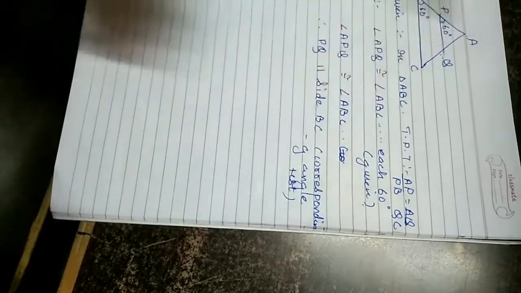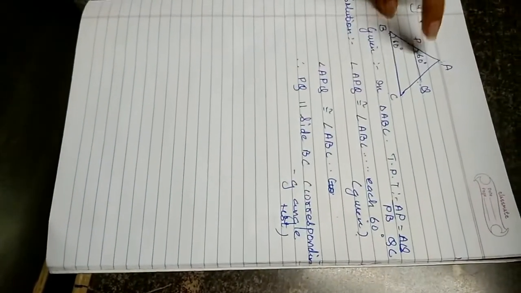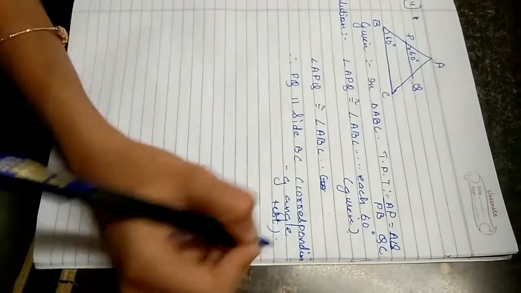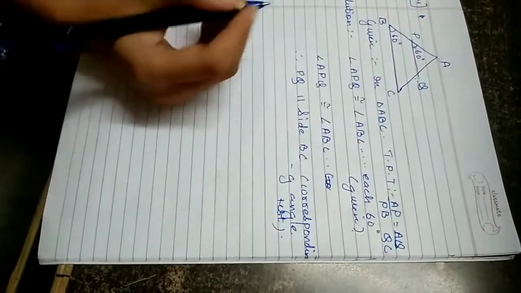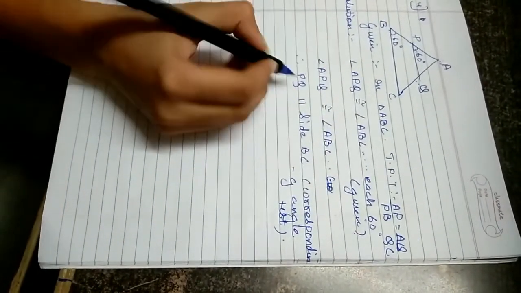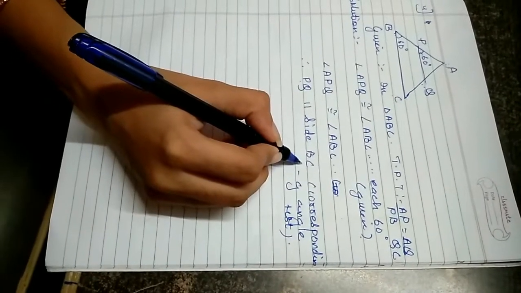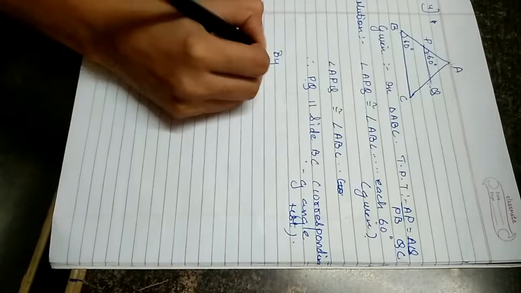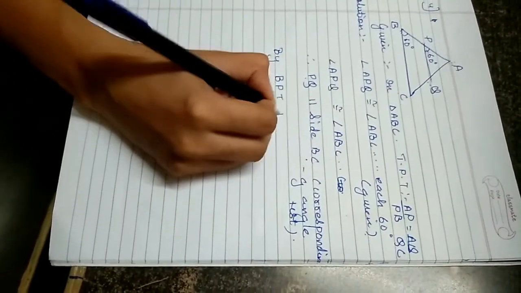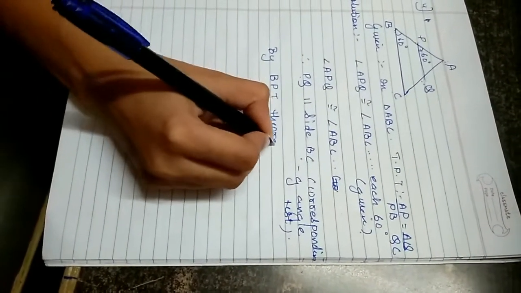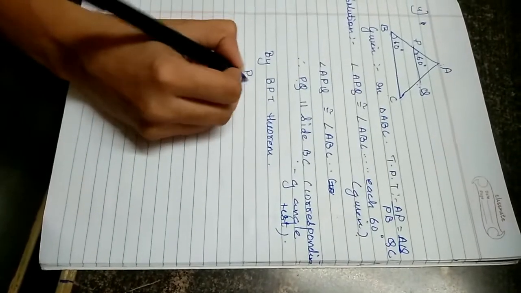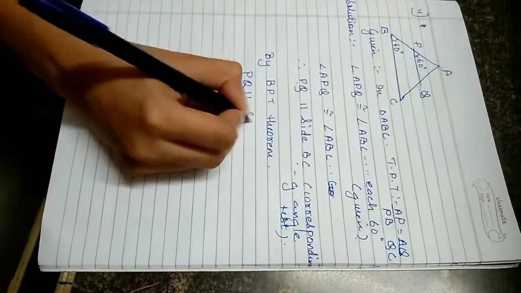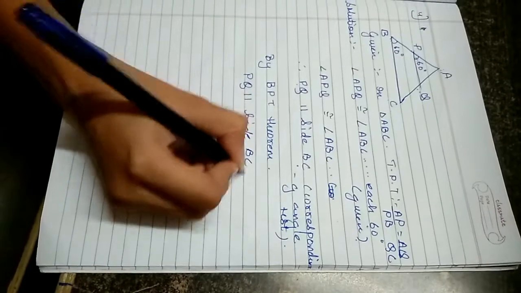Angle A is common. Now since line PQ is parallel to side BC, we'll use BPT theorem. By BPT theorem, the line must be parallel, that is PQ is parallel to BC.